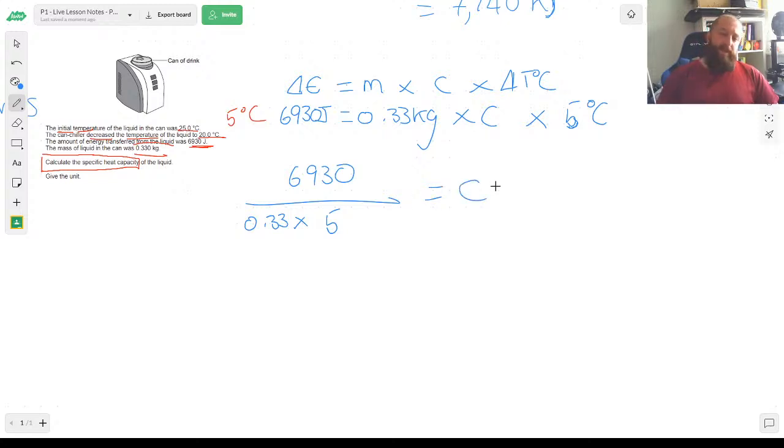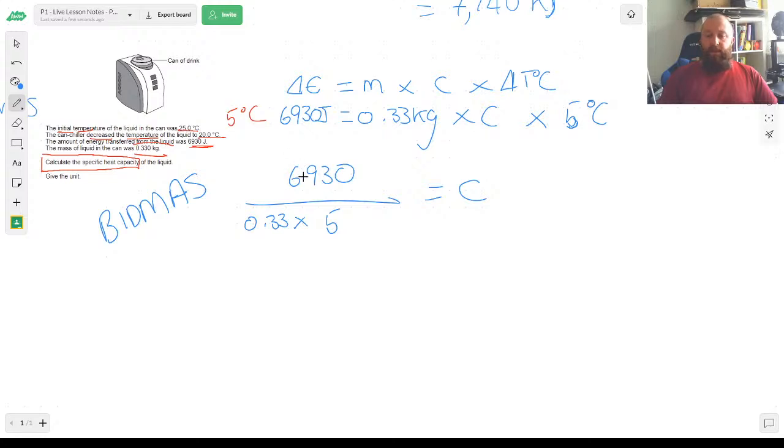Now, the reason I haven't done it the other way for the moment is you need to remember BIDMAS. This is one of those times when most people will make mistakes on their final answer. So if I type this into the calculator, 6930 divided by 0.33 times 5, what I will get isn't the correct answer.